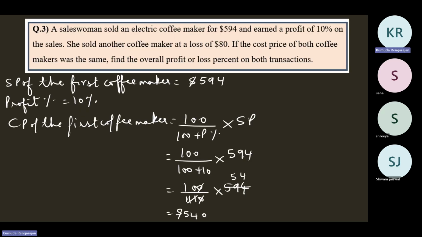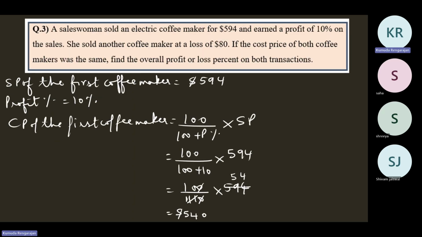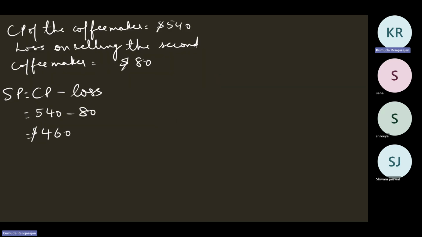Using the selling price and the profit percent, we found the cost price. Now you know the cost price is $540. The loss on selling the second one is $80. If it's given as a percentage, you can use the formula SP is equal to 100 minus loss percent by 100 into CP. You will write this when you're given the loss percent.